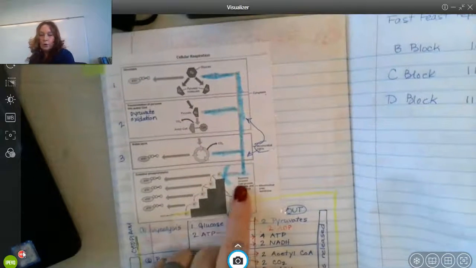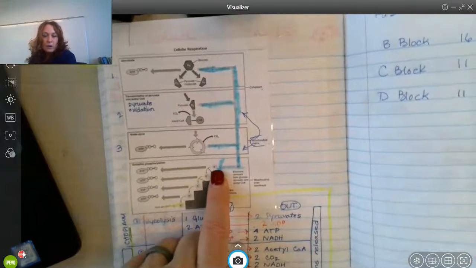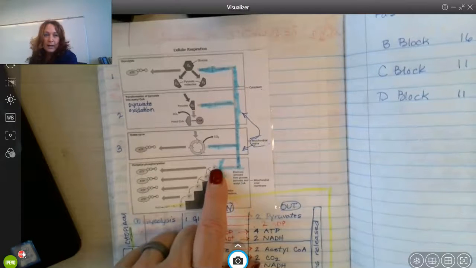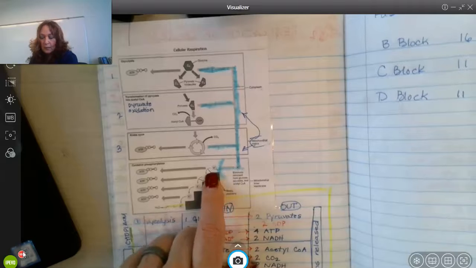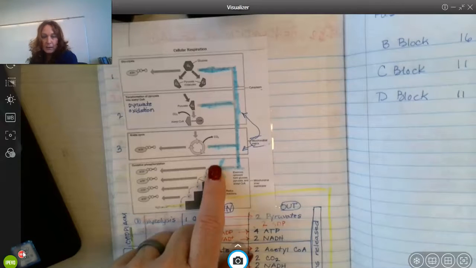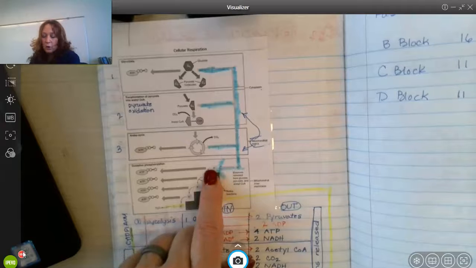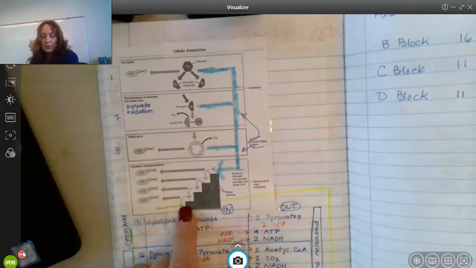And if you look over here in our little figure, the electron starts off, see the height, way too high of energy for the cell to use. So if you think of it like toothpaste, we got a full tube of toothpaste. Nobody brushes their teeth with a full tube of toothpaste. You just squeeze it out, squeeze it out, squeeze it out.